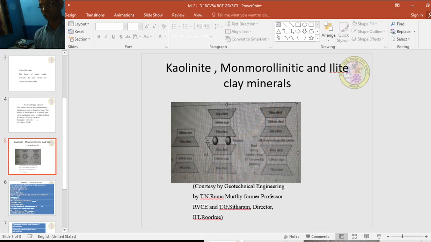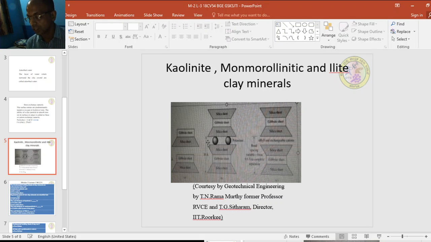Coming to the next type of clay minerals, montmorillonitic clay minerals. In this type, one gibbsite rectangular unit gets sandwiched between two silica units, trapezoidal in nature. It forms one unit, that is 9.6 angstrom. Again the second 9.6 angstrom unit also has gibbsite sandwiched between two silica units.